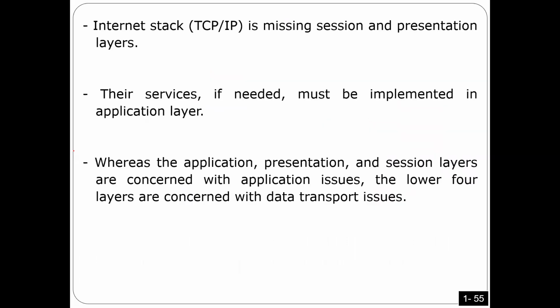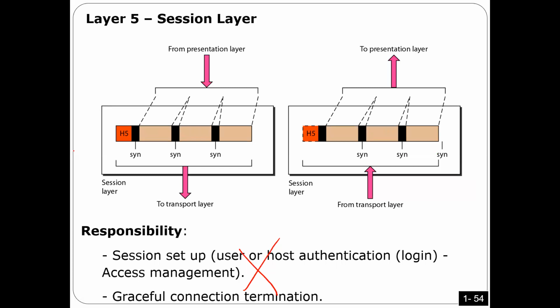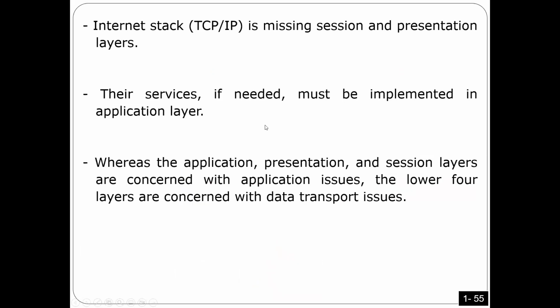What I used to do in a separate layer, I can still do in the application layer. From the name, session, this layer can be used to set up a session, like doing authentication. In TCP/IP, you can do it in the application layer.